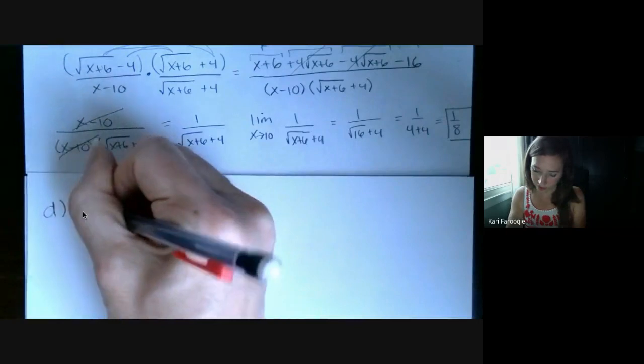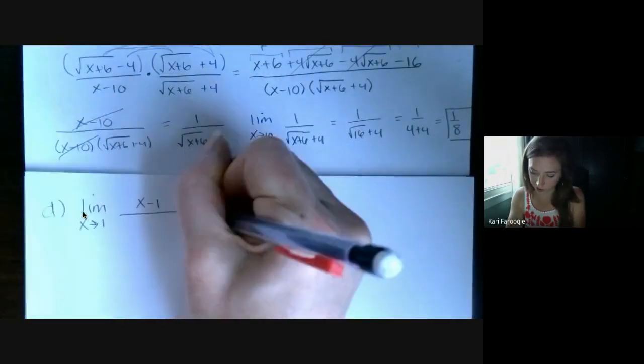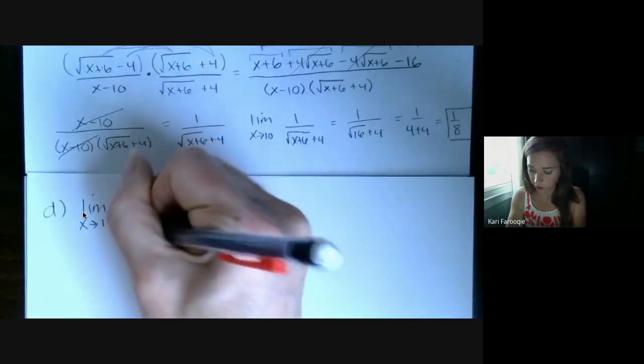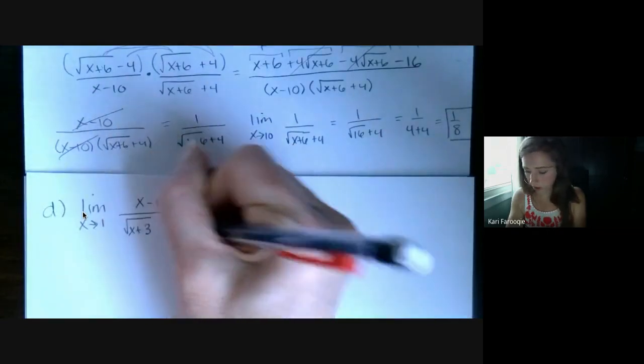So this one will be D. This is the limit as x approaches 1 of x minus 1 divided by the square root of x plus 3 minus 2. And this is going to be very similar.